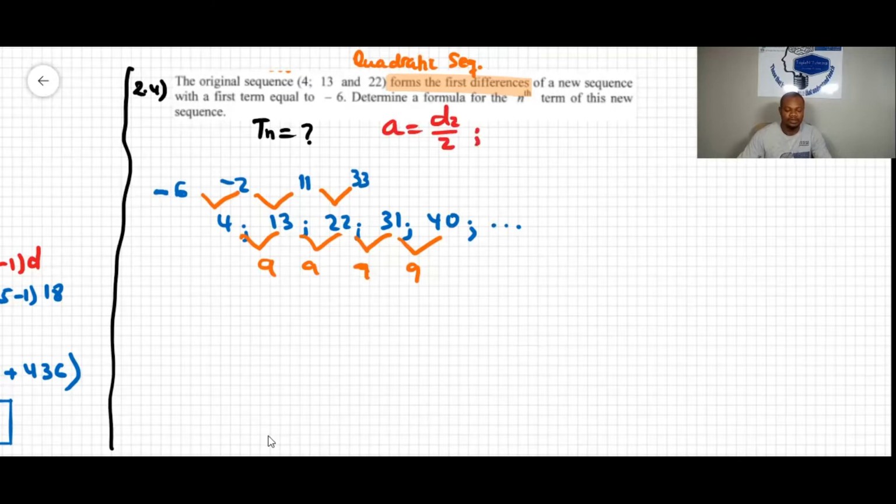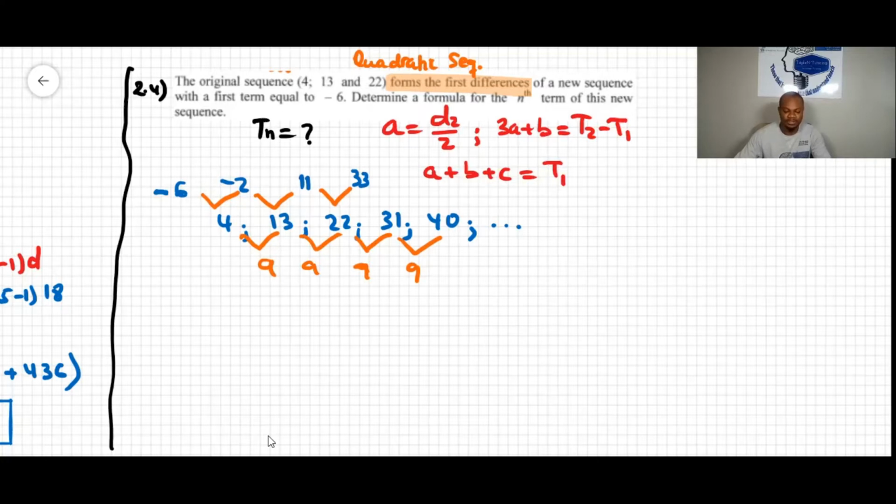Also, 3a plus b equals T2 minus T1, the first difference, and a plus b plus c equals T1.